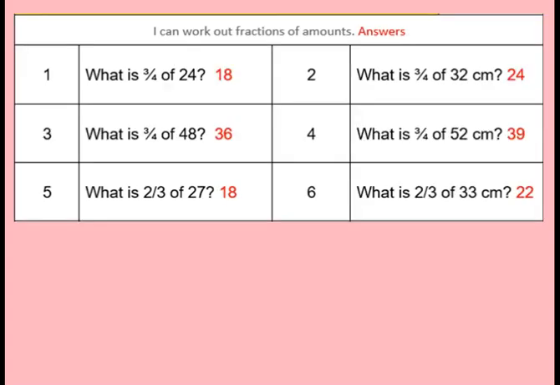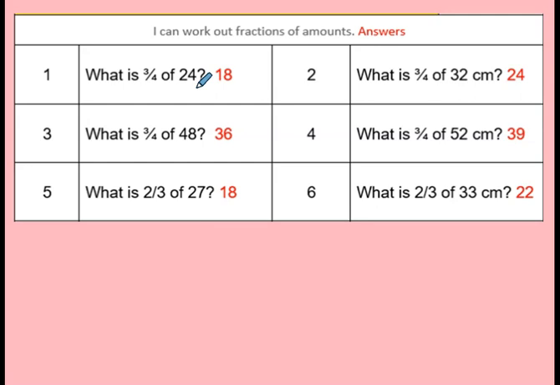Right, so if you've come back to me, you'll be ready for the answers, and here they are. How did you do? Hopefully you've managed to work out whatever your fraction was, whatever your question is, you divide the quantity by the denominator to find a unit fraction.